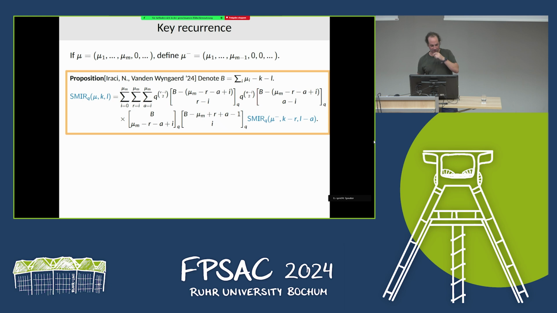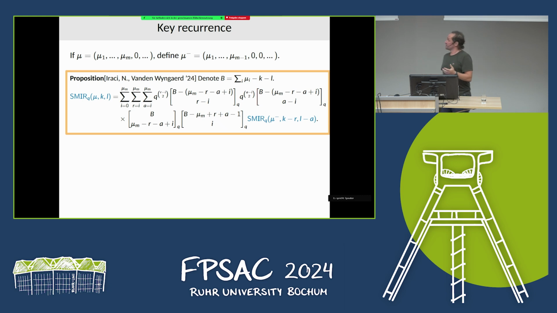So you're looking at the recurrence between words with content mu, and then content mu minus means that the largest value has been deleted somehow. You don't want the value m occurring in mu minus. So that's an actual recurrence, as you can see, because the mu minus is supposed to be smaller.